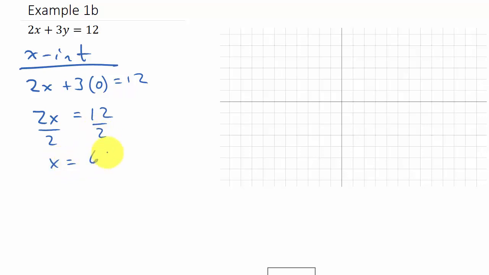So for the x-intercept, we have the point (6, 0). See, x is 6, and we replaced y with 0. Alright, so let's go ahead and plot this point. So 1, 2, 3, 4, 5, 6, and then y is 0, so we don't move up or down.